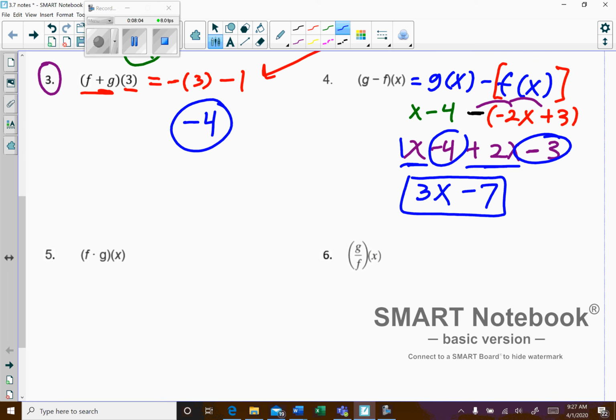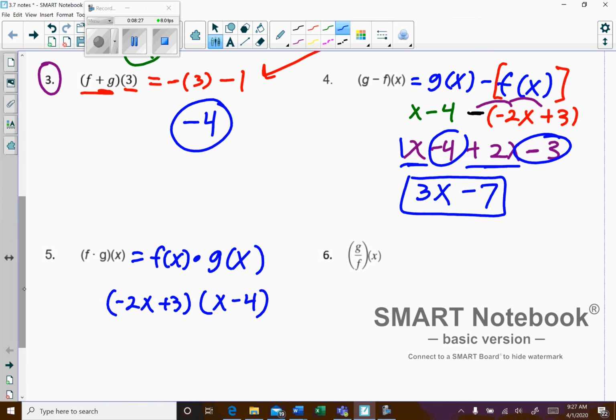Okay, on number 5, once again, all we're going to do here is take the f of x function and multiply it to the g of x function. The f of x function is listed up above, but I can see here also. F of x is negative 2x plus 3, and g of x was x minus 4.